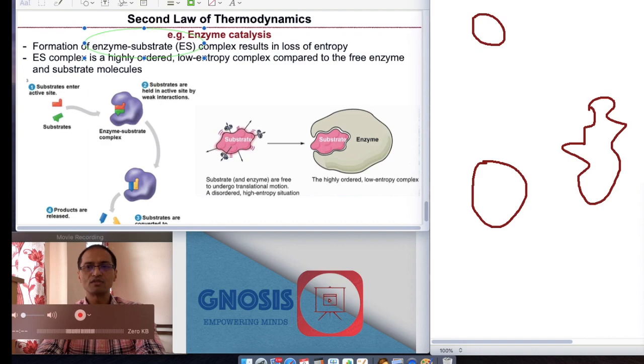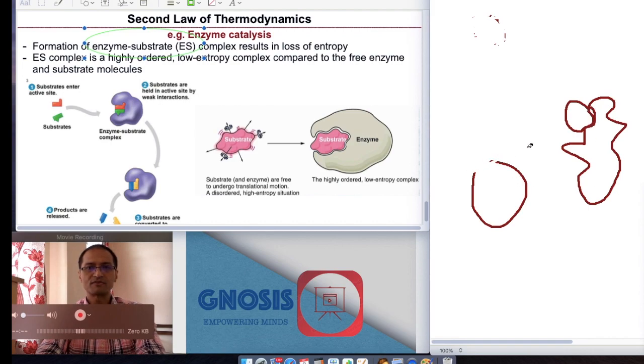As a consequence, the substrate is no longer present over here, but your substrate now has bound over here. And similarly is the case with the second substrate.